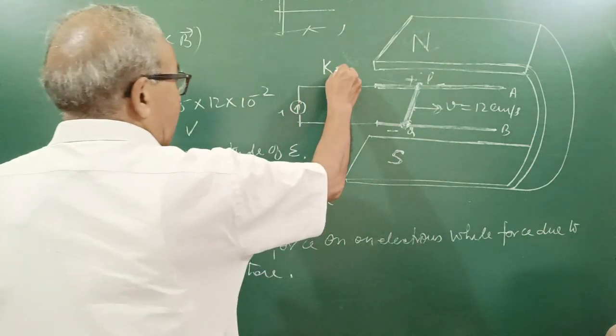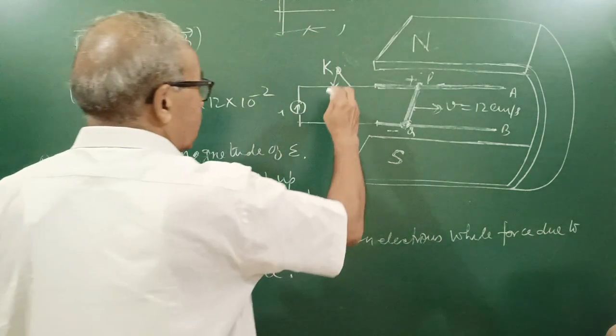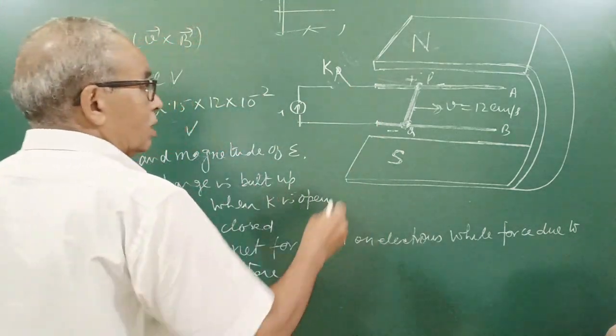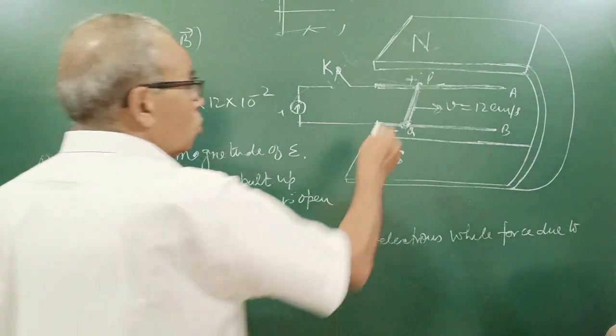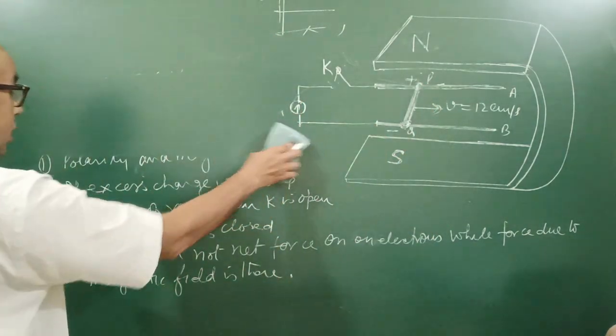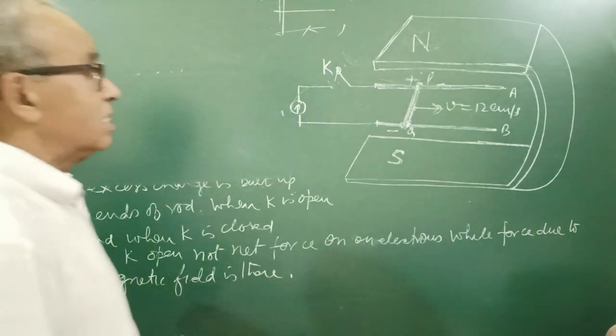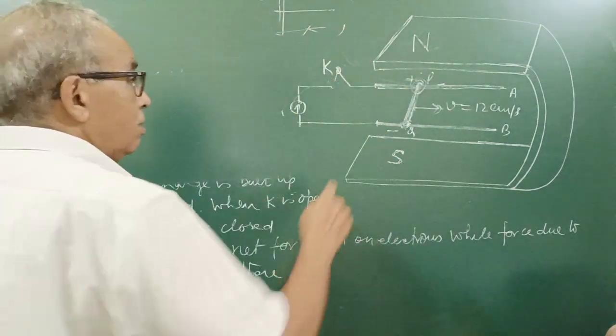But what happens if K is closed? If we close this key K, then what will happen? You may think that current will flow this way, and so no charge is left. But you know, electric charge flows due to potential difference, and potential difference will be there only if there is excess charge.